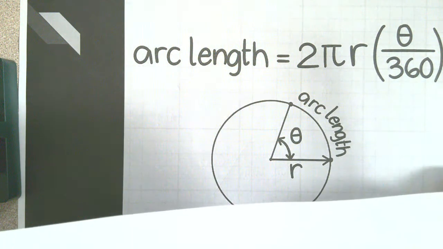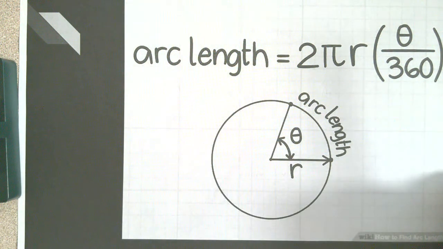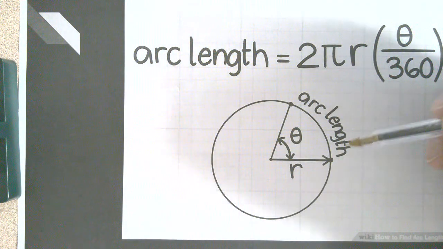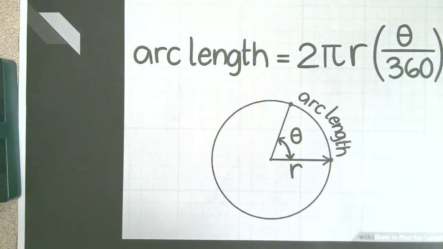Let's move on to arc length. Now, there is a difference between arc measure and arc length. Arc measure is the same as the degree; it's a degree measurement. Arc length would be if I'm putting a string around the circle, and I take that string, straighten it out, and then measure the length.